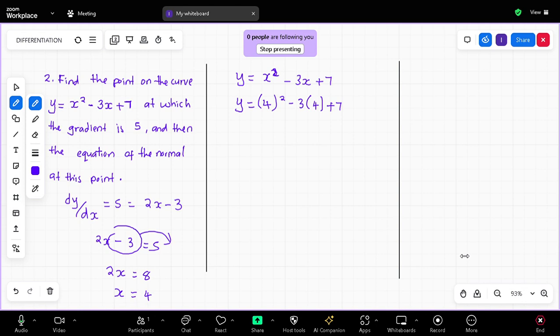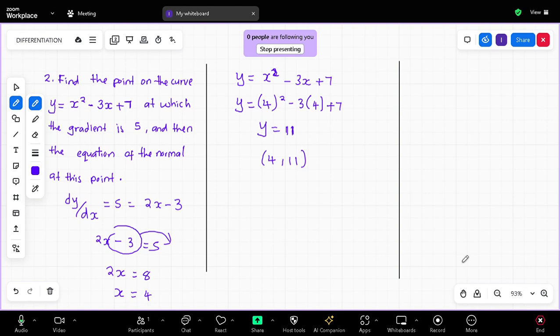So the value of y we obtain here is 11. So the coordinates of that given point is (4, 11), and that is the point at which the curve has a gradient of 5.